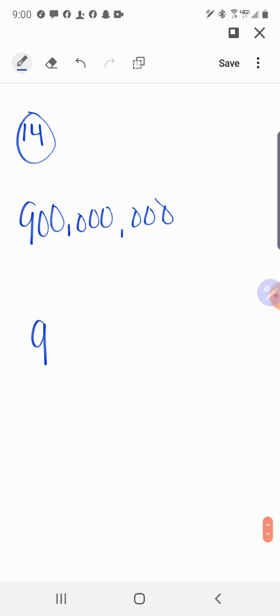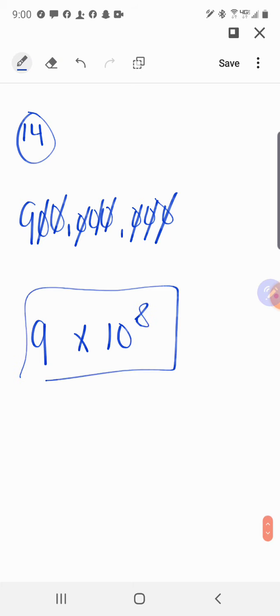And since there's no other number but 0, I do not have to put a decimal there. I could just automatically go into saying times 10. And then now I just need to count how many numbers are behind that 9. 1, 2, 3, 4, 5, 6, 7, 8. So I got 9 times 10 to the 8. If I'm not mistaken, that's the third one right there.